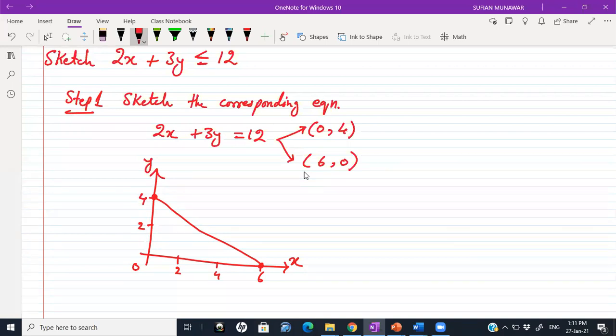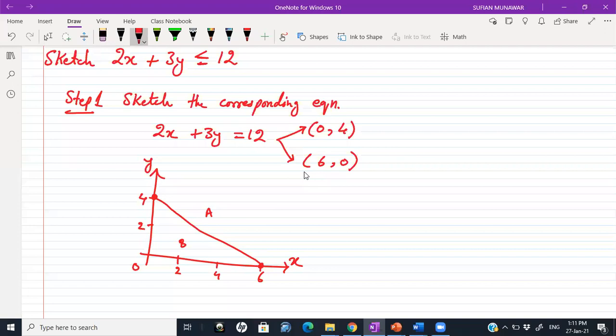Once you draw your line, always remember that your area will be above the line or below the line.